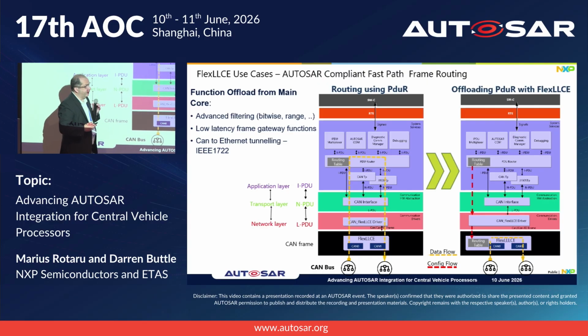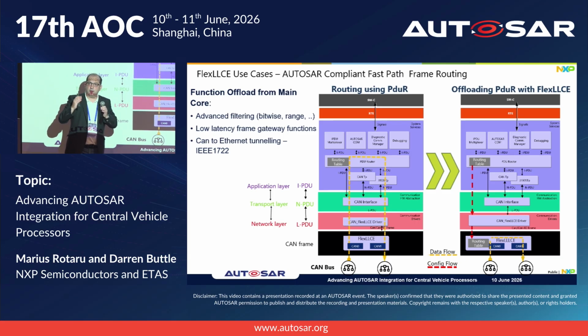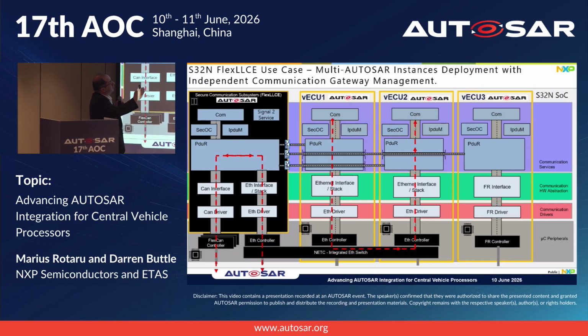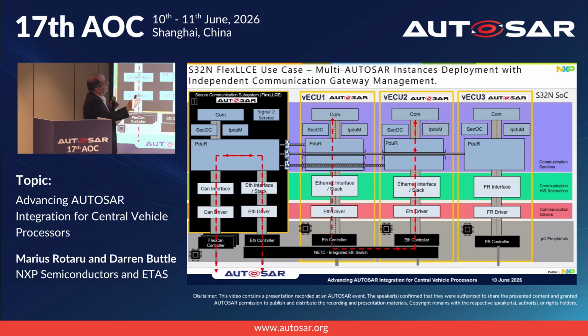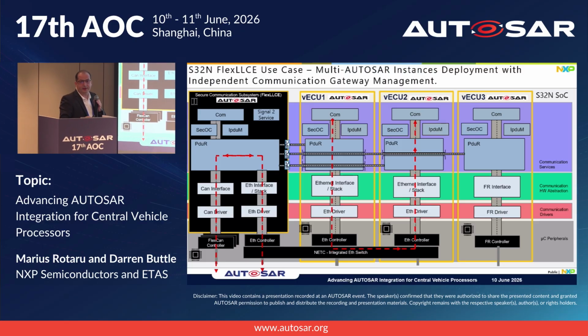With the help of this accelerator, basically, we move the routing table from the PDU router down to the accelerators and allow routing between CAN to CAN or CAN to Ethernet at this level, keeping the processing power to do something else. Or another version is how to consolidate multiple instances of AUTOSAR, which are independent of each other, also deploying software which is running on this low latency communication engine.